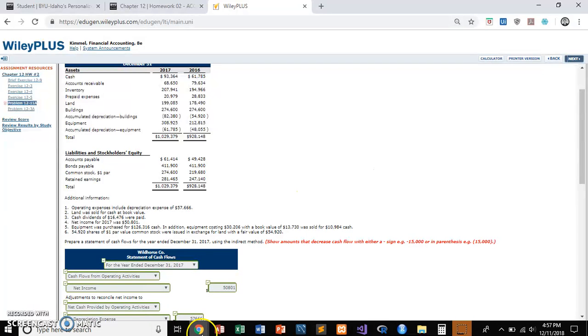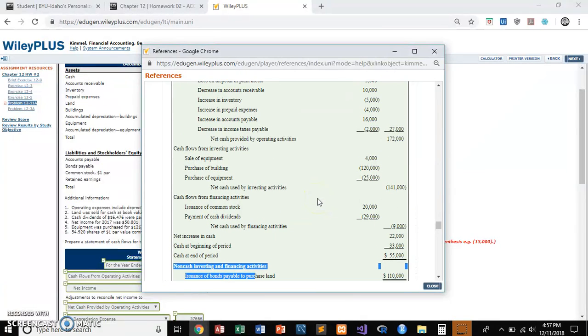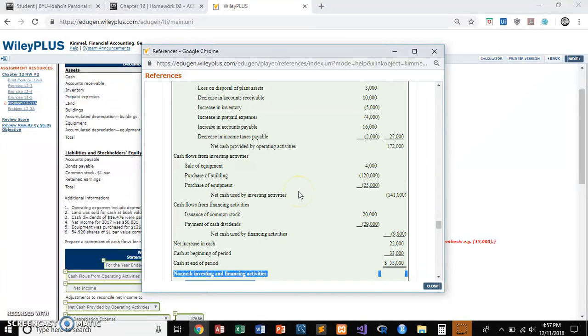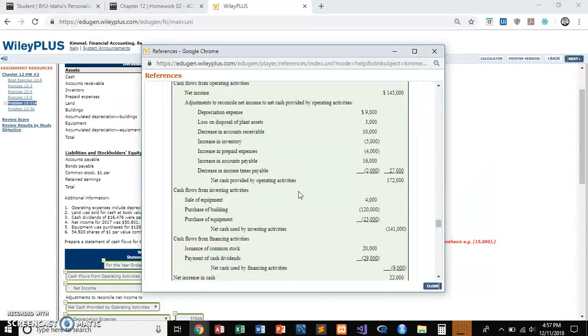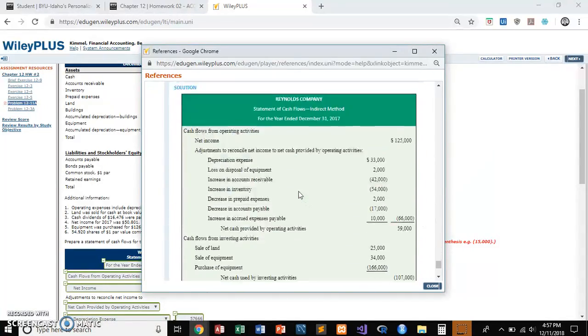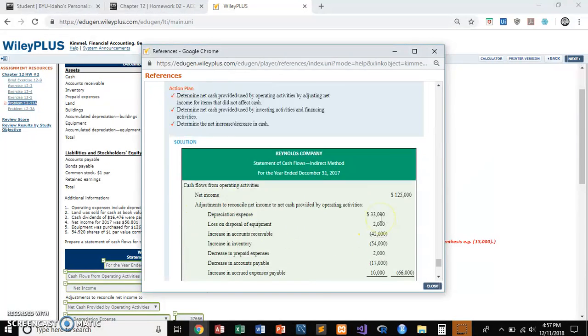Then I was looking at the text, and they record their sale of land as $25,000.